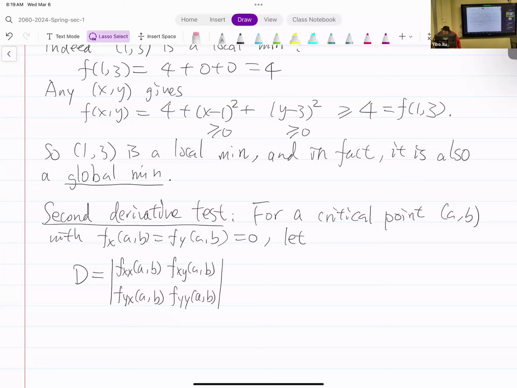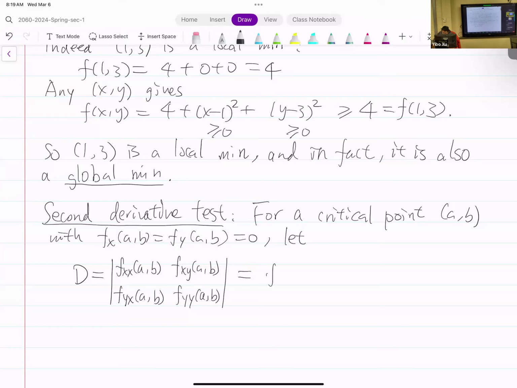Okay. So this is actually a scalar value that you can compute once you have computed all the second partial derivative values. So of course, by definition, you know the calculation. This is going to be the diagonal values multiplied minus the off-diagonal values multiplied, right?